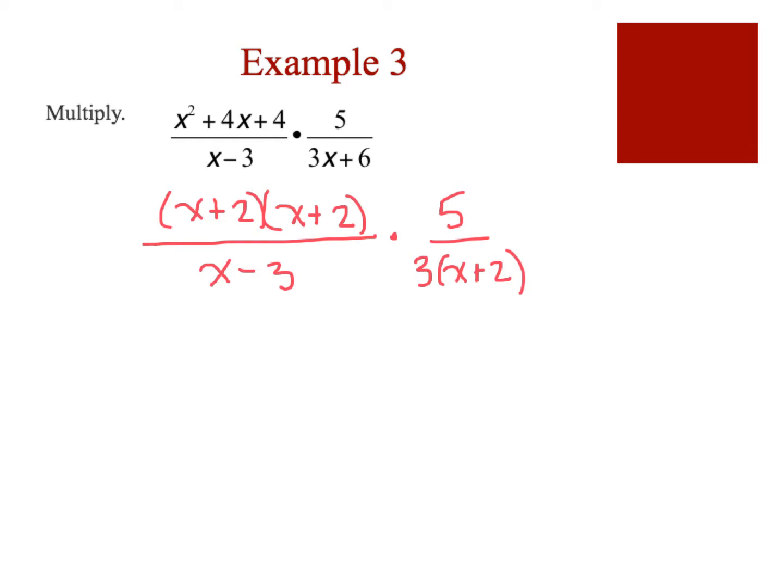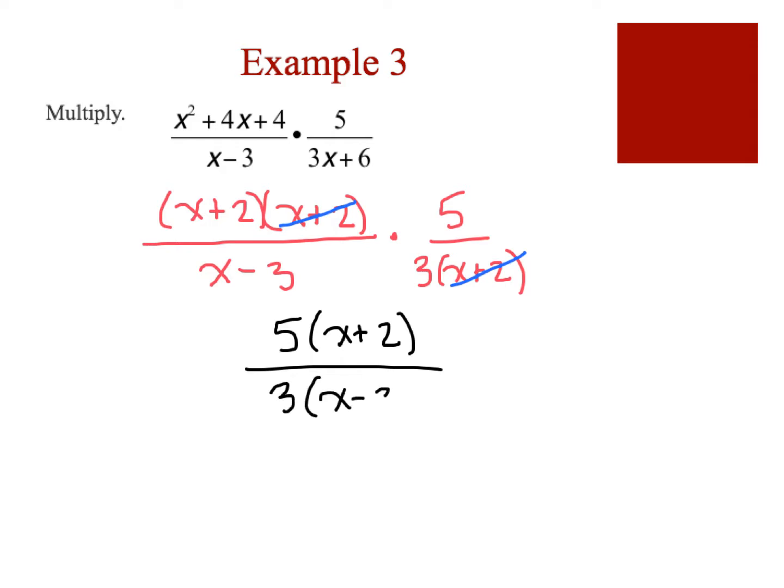Now I am going to simplify where possible. The x plus 2 here and x plus 2 there. There's nothing else. So I now have 5 times x plus 2 divided by 3 times x minus 3. And that is the final answer.